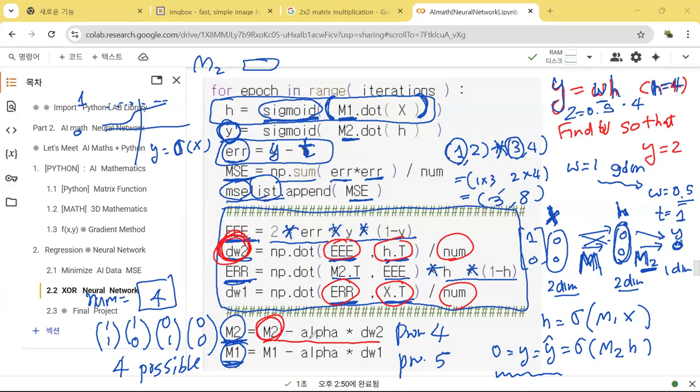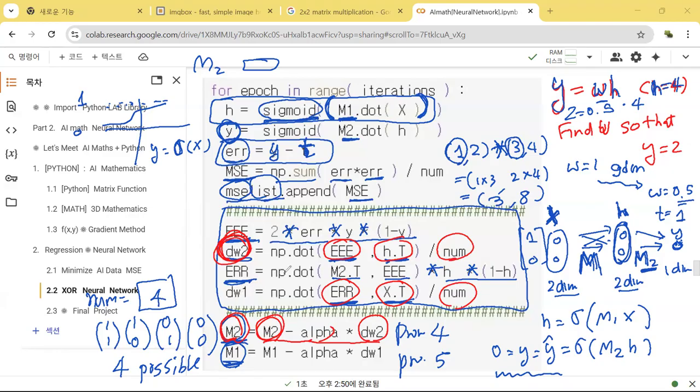But once you find out DW2 from here, from the given alpha, the learning rate, and DW2, then you can get the newly updated M2 matrix. Okay, so by the gradient descent method, the matrix M2 is updated every time, and gradually this update goes to the desirable solution.